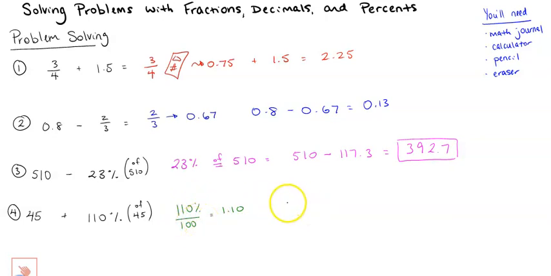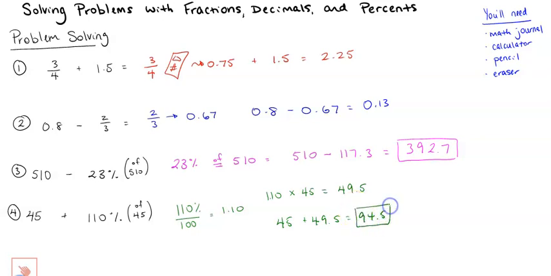To figure out what 110% of 45 is, I would multiply 45 by 1.1. I would get 49.5. So now I just need to add that to my 45, which gives me 94.5.